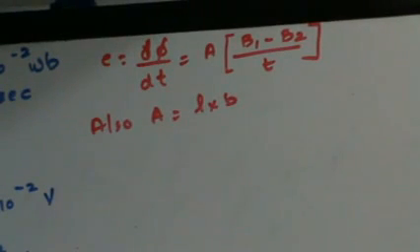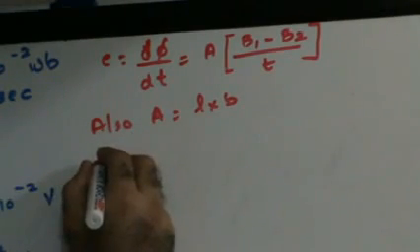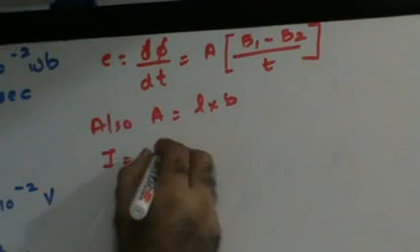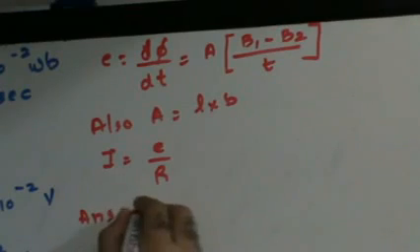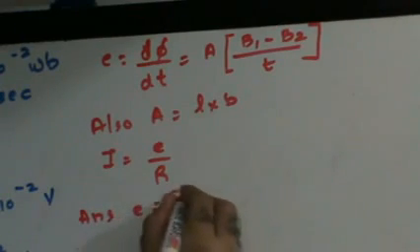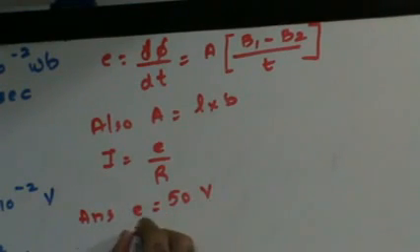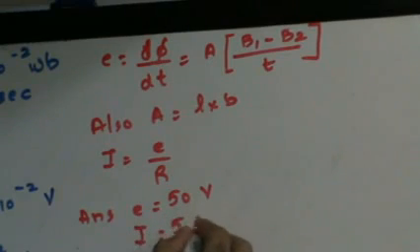So I'll come to know A, I know B1, I know B2, I can substitute and get the value of EMF. Once I get the value of EMF, then by Ohm's law, current is E upon R. They give you the value of resistance, you know the EMF, so you will know the current that will be induced in the coil. The answer for this sum should be EMF is 50 volts and current is 5 amps.